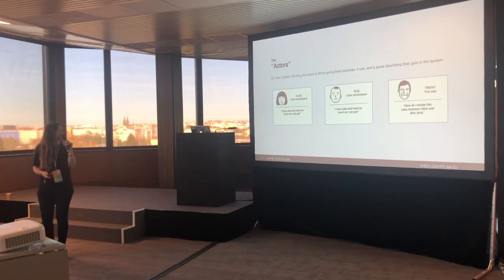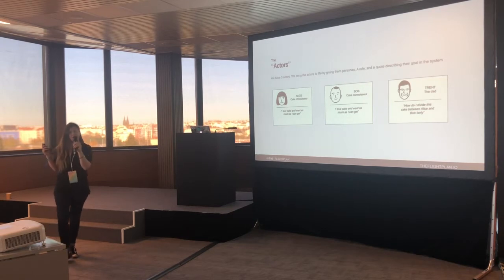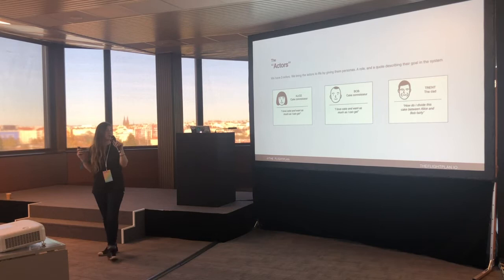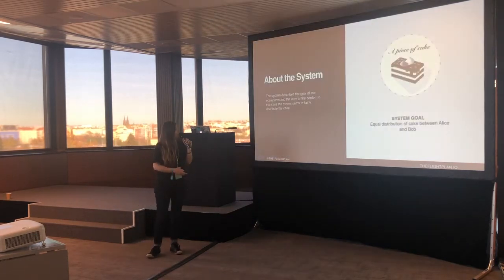We have Alice and Bob, who are both cake connoisseurs. They love cake and want to get as much as they can. And then we've got Trent, the dad, who is thinking to himself, how do I divide this cake between Alice and Bob fairly? In terms of the system goal, that's to equally distribute the cake between Bob and Alice. And at the center of everything, of course, is the cake.